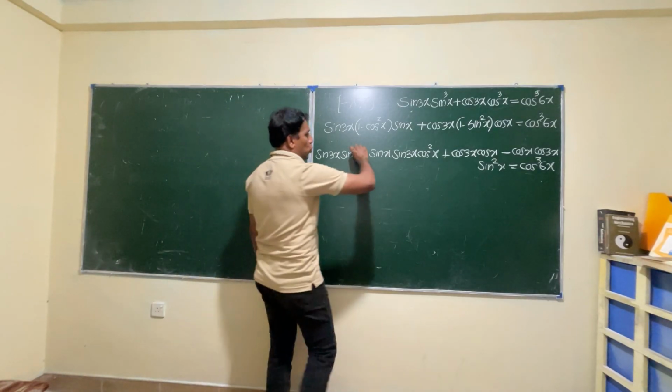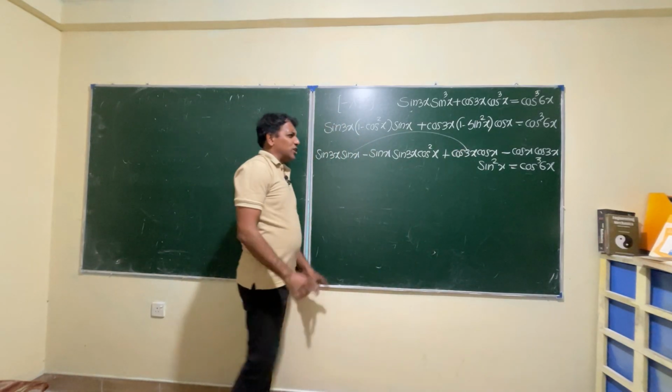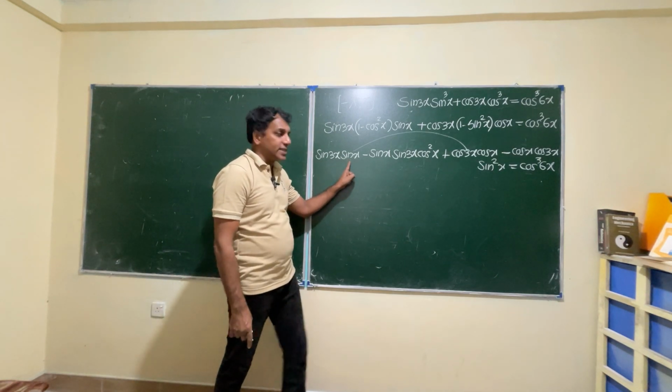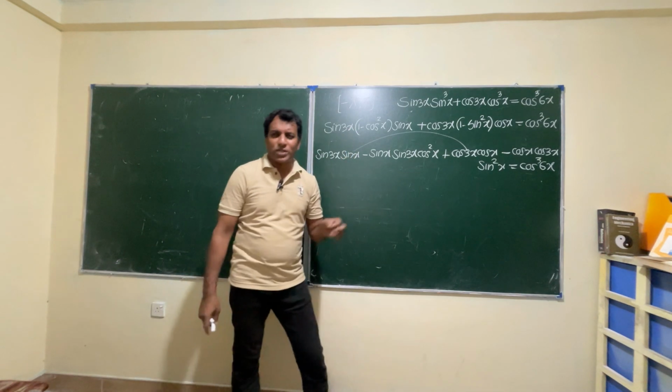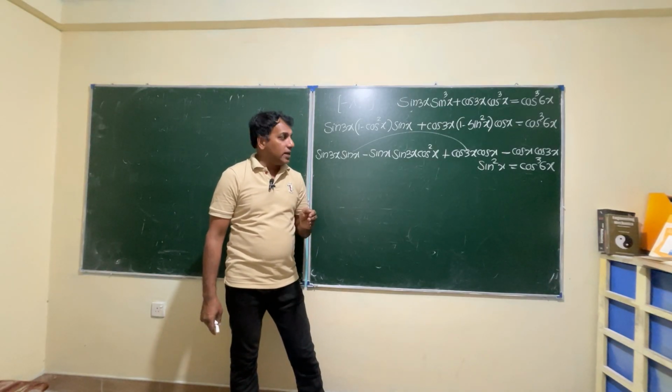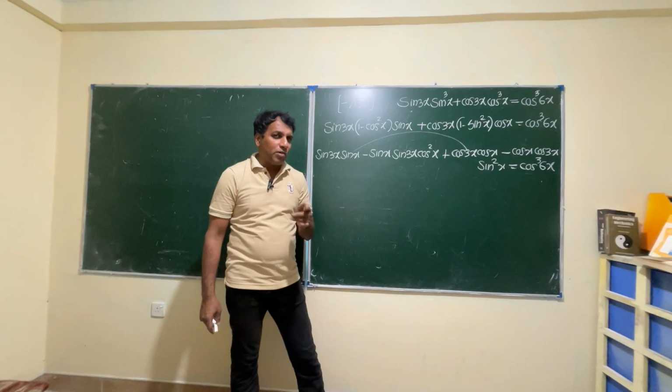Now see these two, some trigonometric identities: sin 3x sin x plus cos 3x cos x. Let's take the cos A cos B plus sin A sin B format.